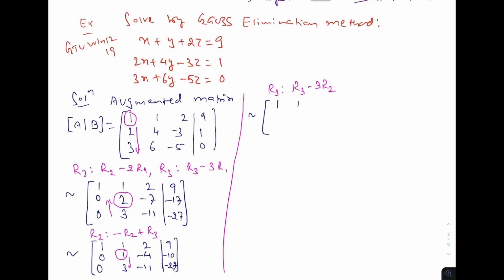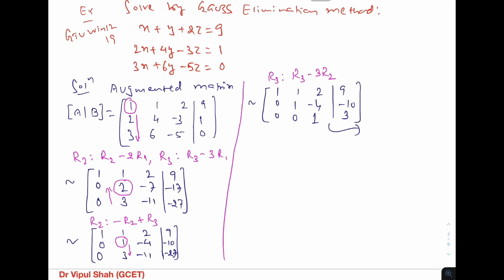So now it is 1, 1, 2, 9, 0, 1, minus 4, minus 10. This is 0, this is 0. Minus 3 plus 3, so 0. Now multiply by minus 3, so that will be plus 12. 12 minus 11, so that is 1. Then multiply by minus 3 here, so that will be 30. 30 minus 27, so that is 3.